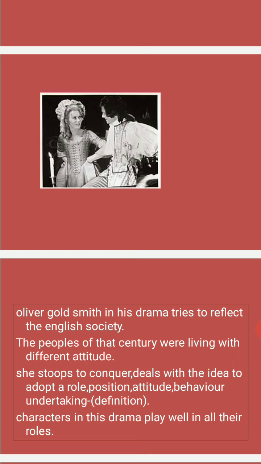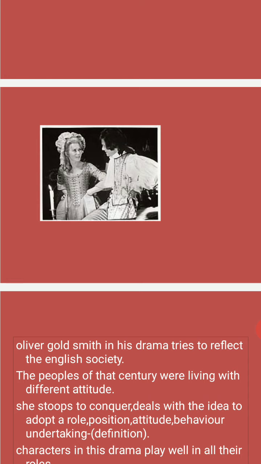I told you everything, and in my last class I told you about the critical analysis: how Oliver Goldsmith in his drama pointed out all the characters and related them to the society of 18th century English society, how the drama reflects it, how the people were at that time, and what result Oliver Goldsmith wanted for the betterment of mankind and the world.